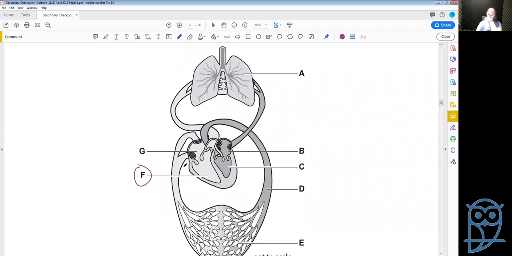And you can see that by looking at these little clips here. So you can see from this, it points sort of that way. So the blood will come through from here, go out that way to go to the lungs. So then it'll come back here. So you can see these point down. So here it'll go into the heart that way, out through there, and then go through the body.